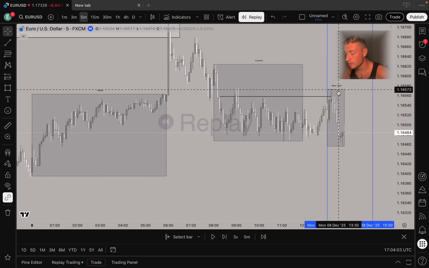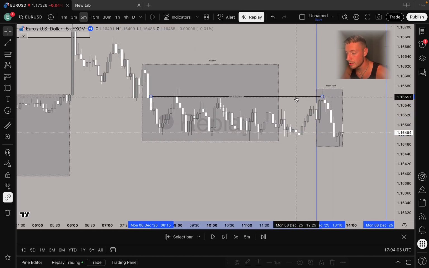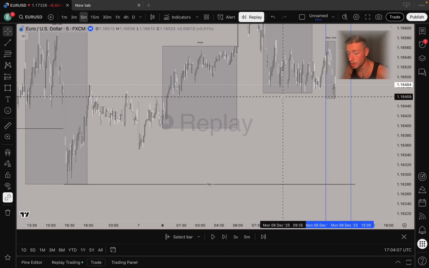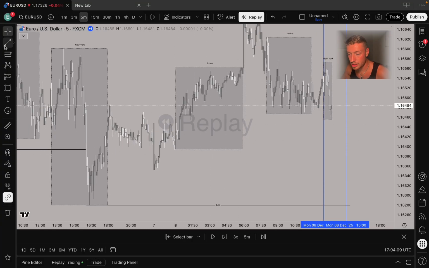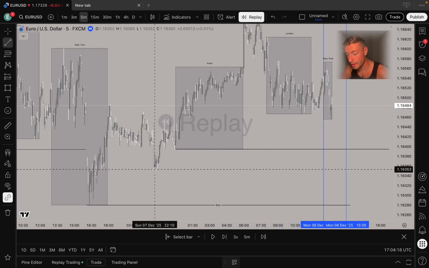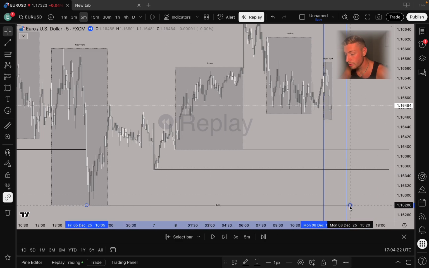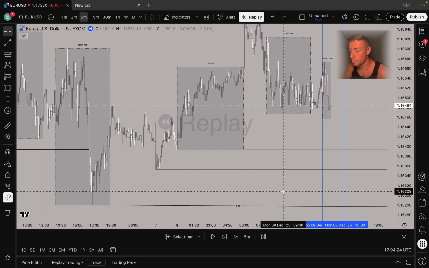And within New York Open, we actually took out this range, and we had a great target below. So we had a few good targets. So before we even put the trade on, we had Asian lows, we also had the previous daily lows, which were on New York, and then we also had this low just below Asian range. So we've got 3 clear targets of where we want price to go.